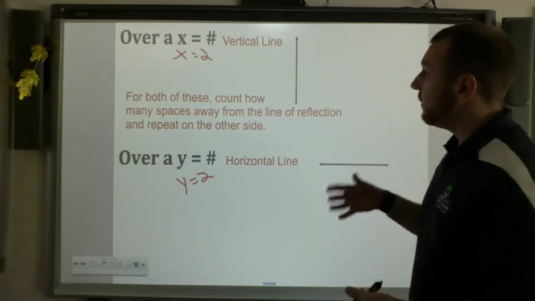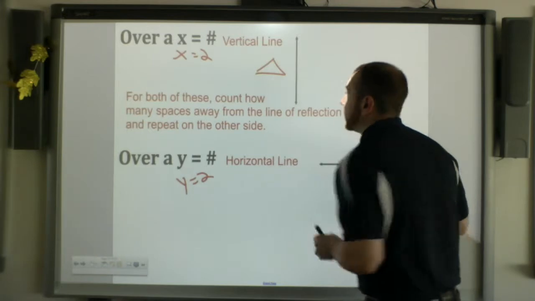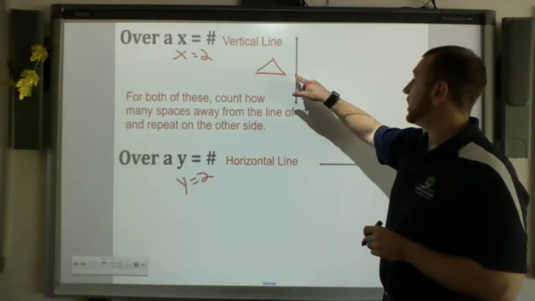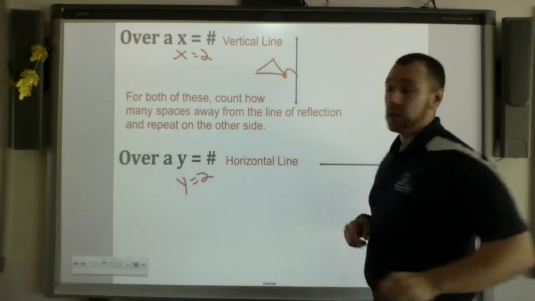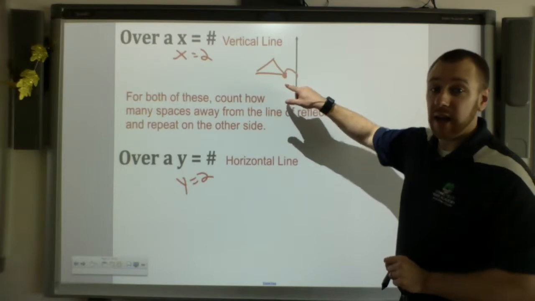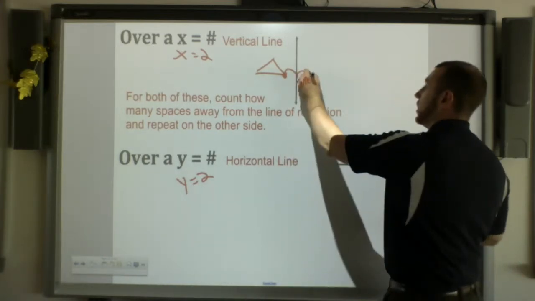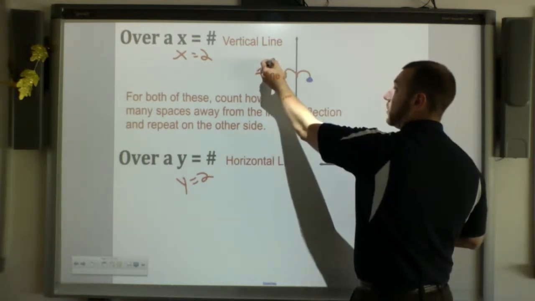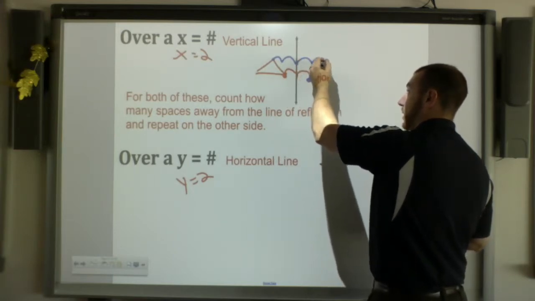Either way, if I have a figure on one side and I want to reflect it in this line, all I do is count how many spaces this point is away from this line. So let's say it's 1 away. I would then, on the other side, repeat that. So my new image is going to be 1 away on this side, and I would do the same thing for each point. If this is 2 away, I would go 2 away.